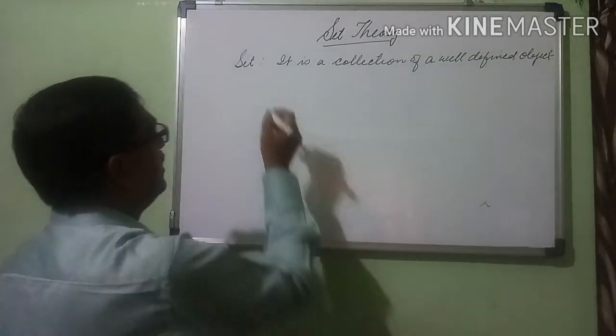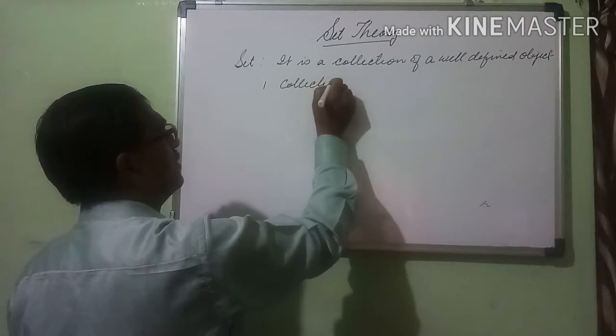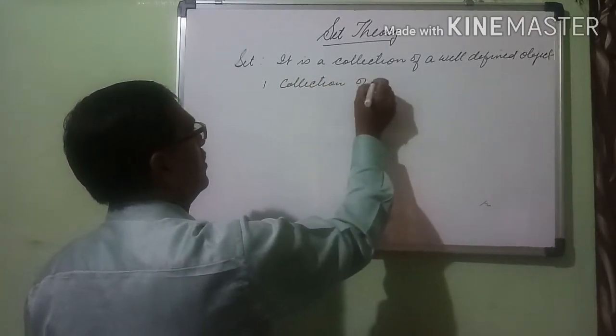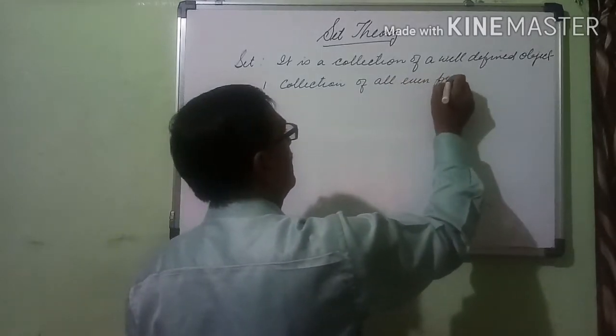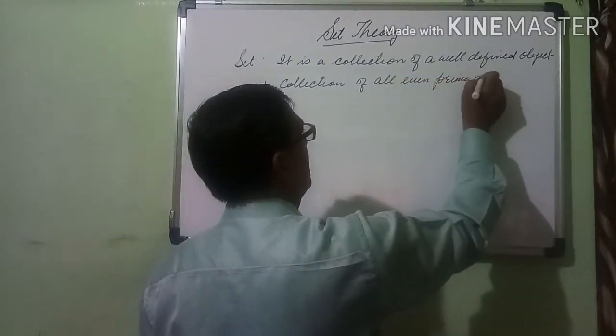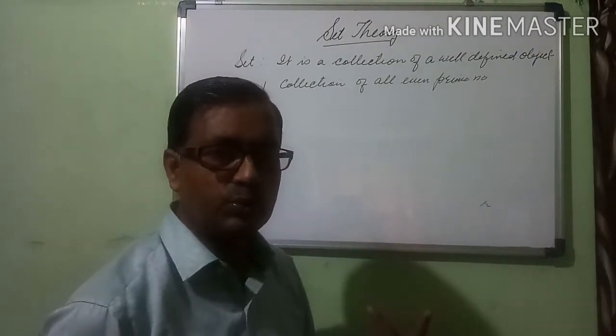For example, collection of all even prime numbers. How many even prime numbers are there? Only two.